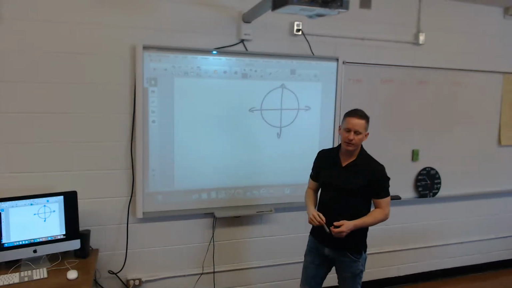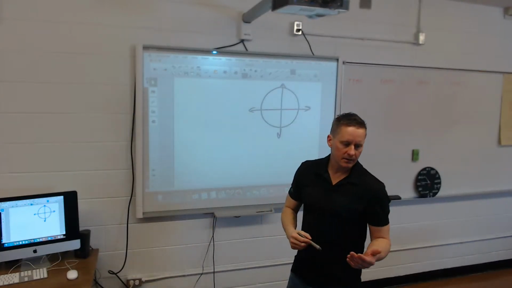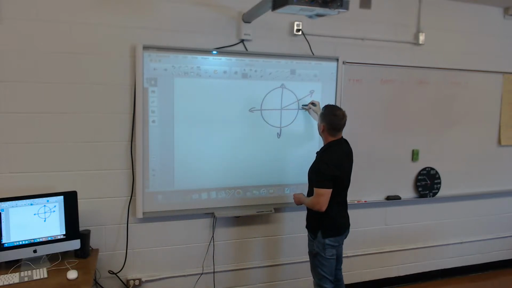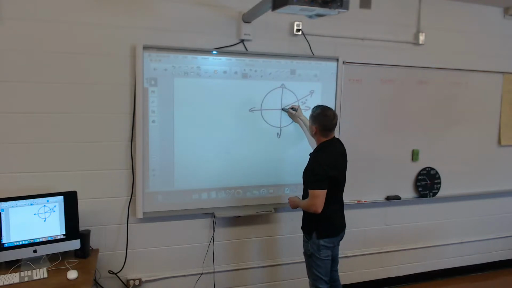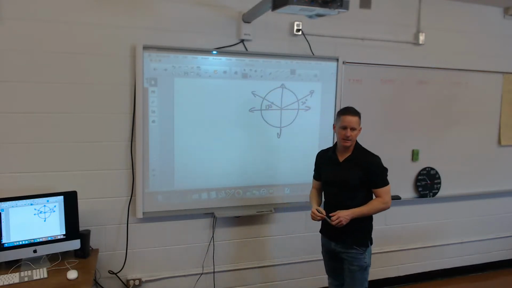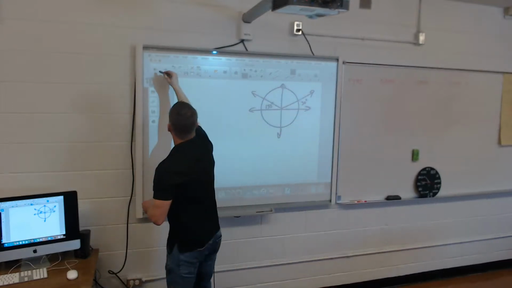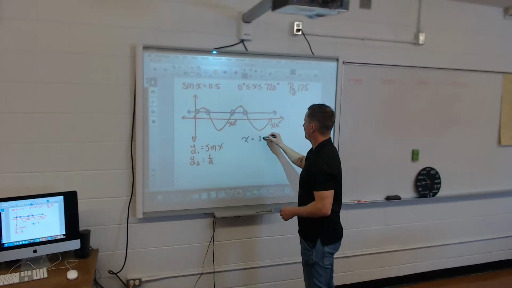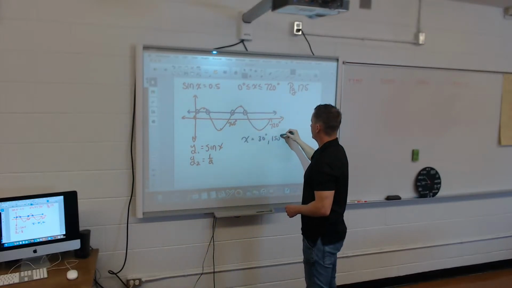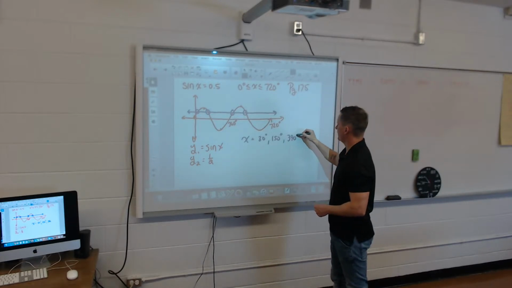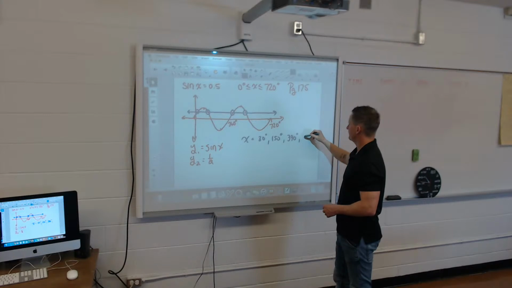So where on my unit circle is sine equal to a half? Well, right there, 30 degrees, 150 degrees. So for this answer here, I could go x is equal to 30 degrees, 150 degrees, and then I've got to keep going around the circle, 390 degrees, and then 540 degrees.